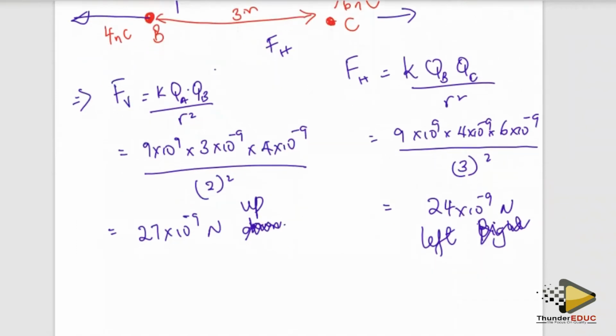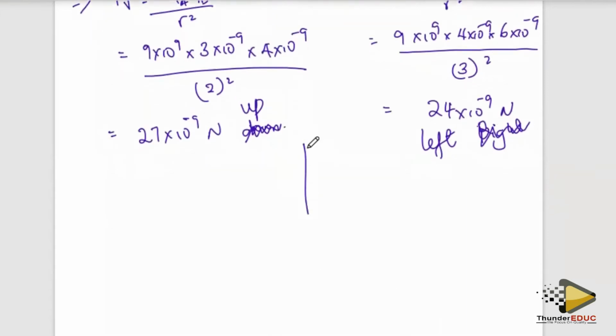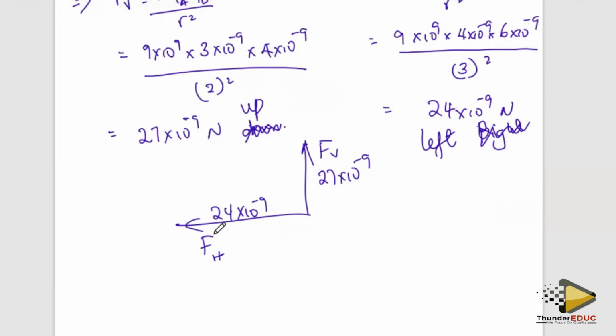Okay. Then now, if we look at the forces, it's going to be something like this. Force vertical and then the force horizontal. So this is 27 times 10 to the negative 9. We're saying this is 24 times 10 to the negative 9. We need to find our resultant. For us to find the resultant, we use the theorem of Pythagoras.